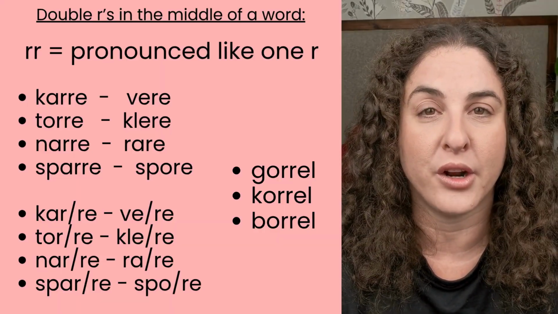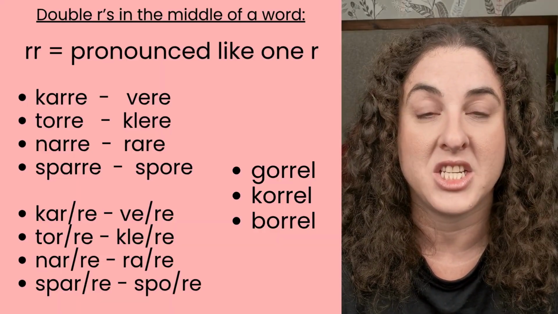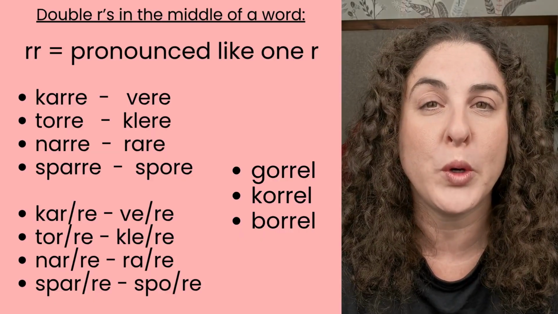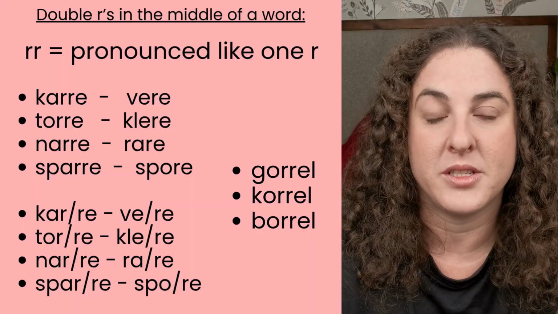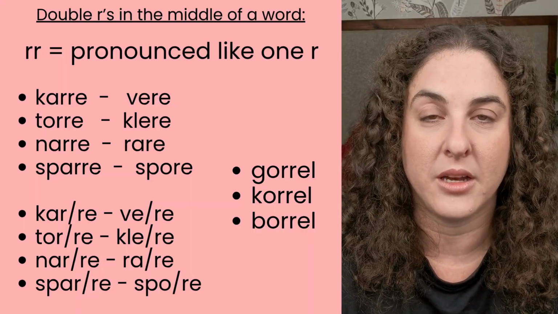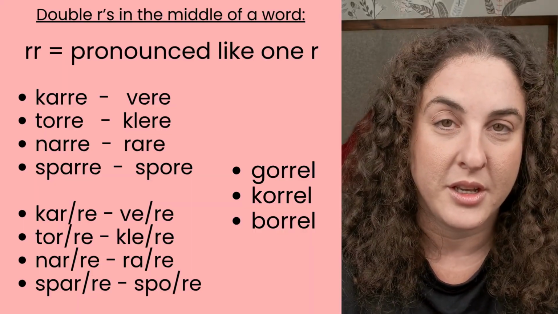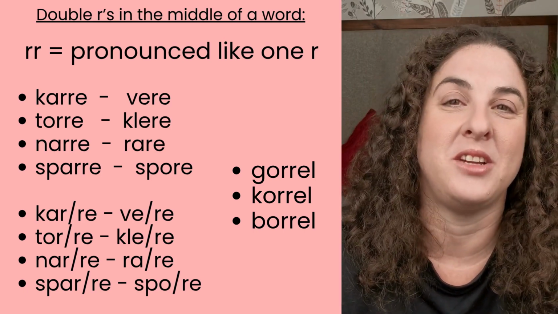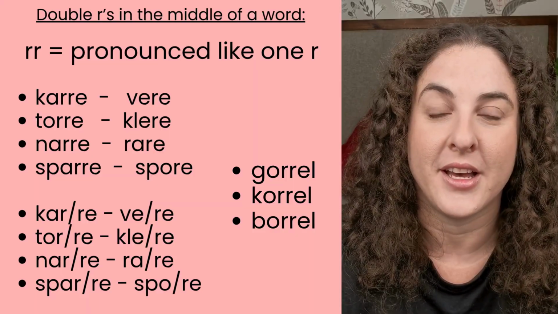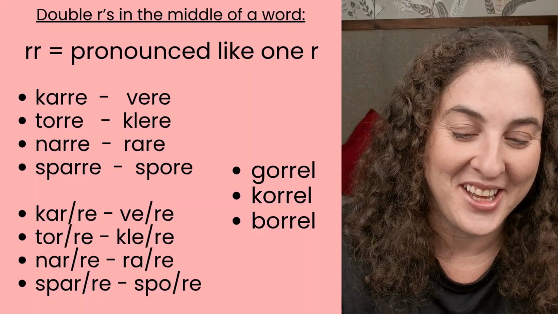Narre, rare, sparre, spore. And also when we do speak and we speak fast, the r sound is going to be less pronounced. So it's not going to always sound as rolling as it sounds now.